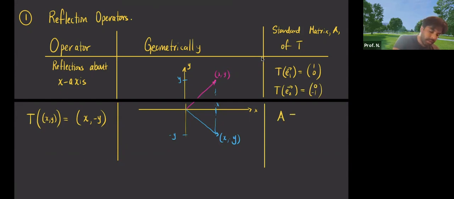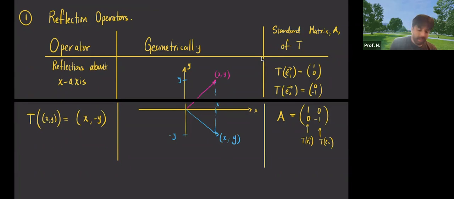A would be 1, 0, which is T of E1, and 0, -1, T of E2. Doesn't this make sense?